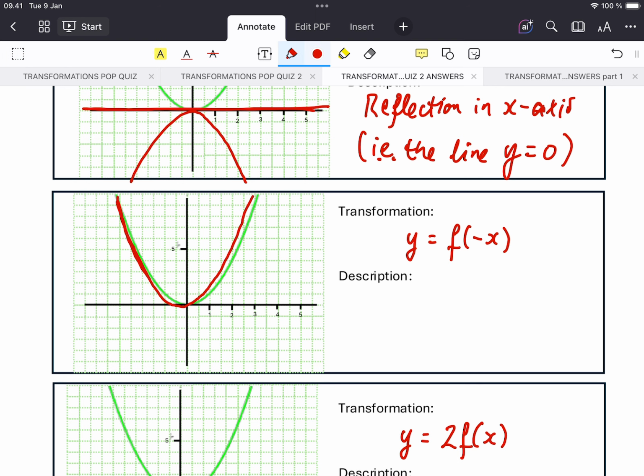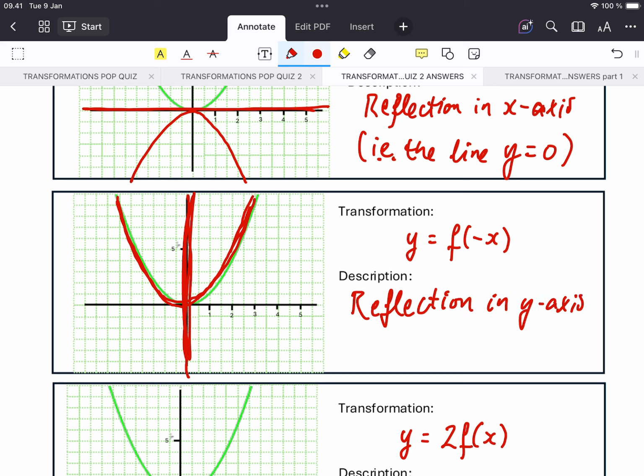So those should look the same if I'd drawn them better, but it's just a reflection in the vertical axis. So reflection in the y-axis, and the name of the y-axis is the line x equals 0.